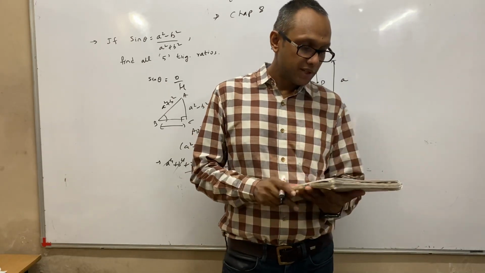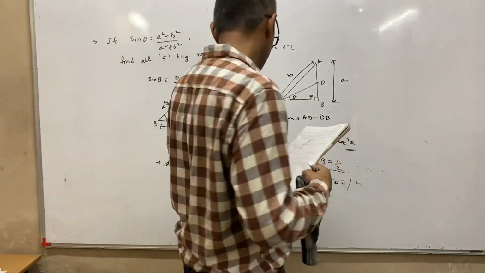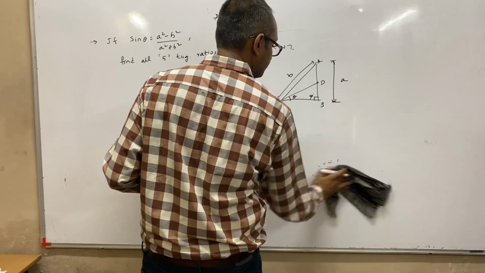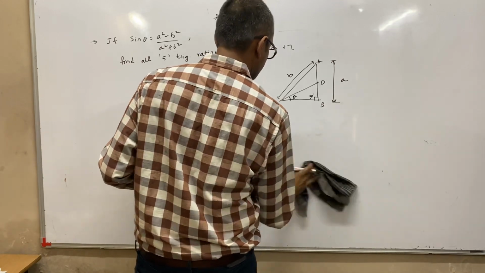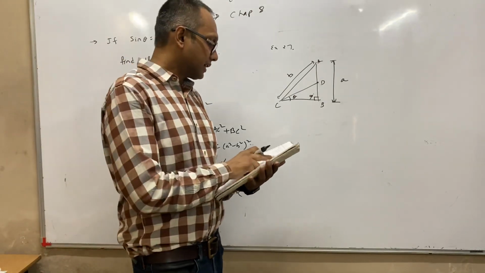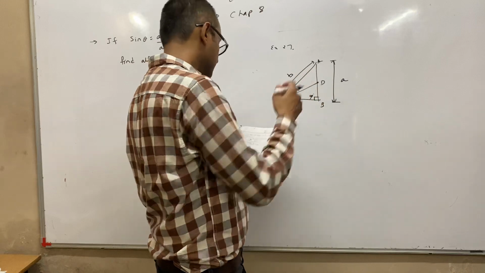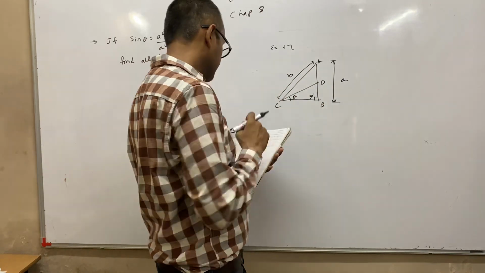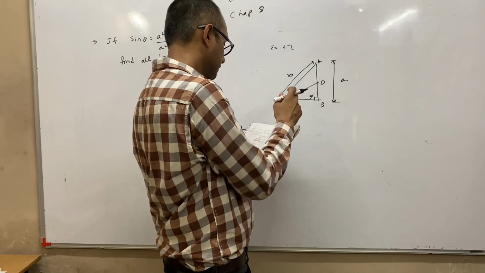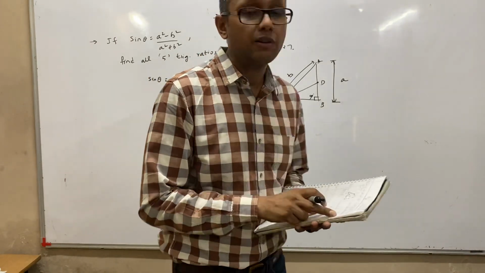Now next page, example 27, that I would like to discuss a little bit. In example 27, the figure is given. It is given AD is equal to DB, angle B is the right angle, and determine the ratio of sin theta, cos theta, tan theta, and the fourth is sin square theta plus cos square theta.